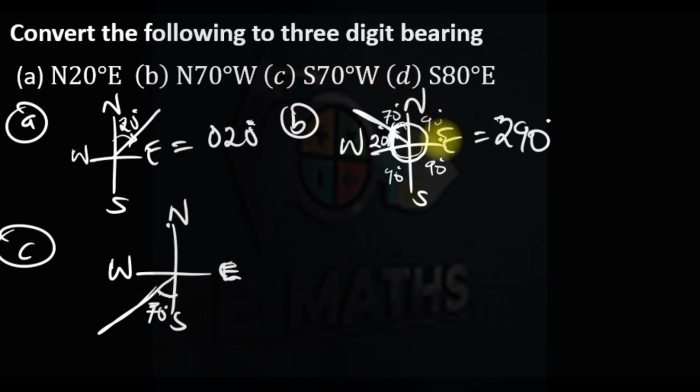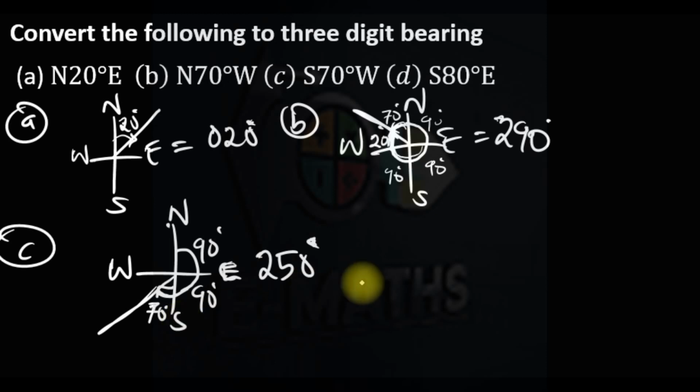So to convert to 3 digit bearing, we always start from north and move to wherever it hits the bar. So that's it. So this is 90 plus 90 plus 70. So the answer is 180 plus that. That should be 250 degrees.